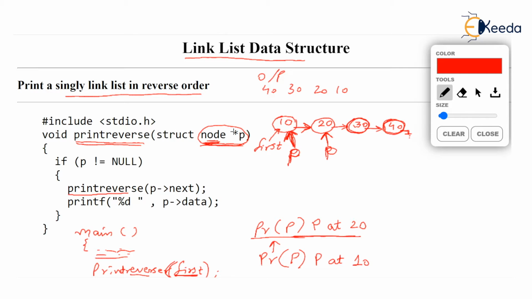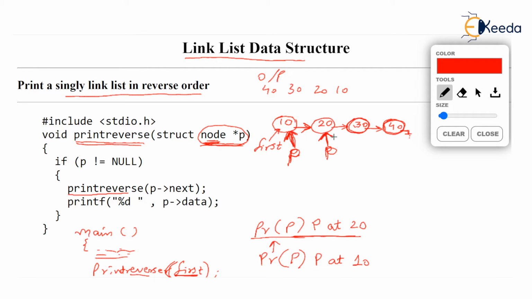So let's run the new print reverse with P at 20. If you start the fresh function, P is still not null because P is pointing at 20. So the if statement will run, calling print reverse recursively again with P arrow next. Clearly observe, P arrow next means 20's next.